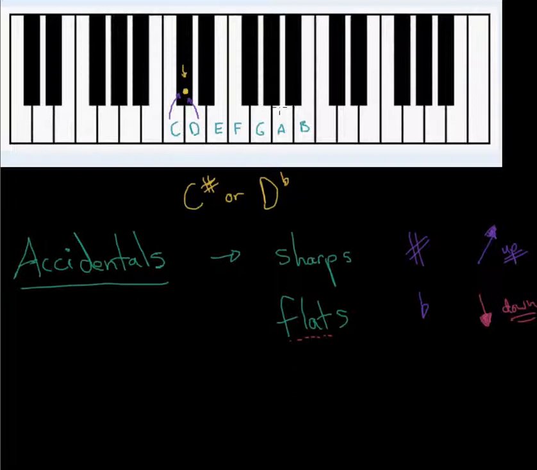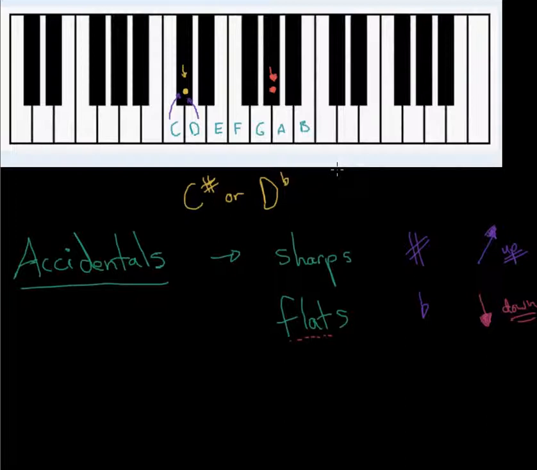All right, let's use that knowledge to try to work out what this note is. What do you think this note is? Maybe try to pause the video and come up with your answer. I will give you a clue. It does have two names. And see if you can work out what it is, and then press play on the video again.